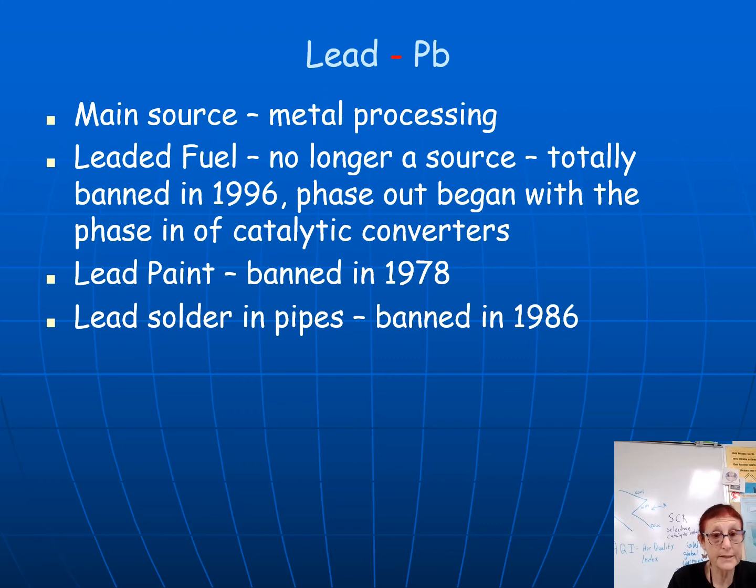Lead paint was banned in 1978. However, if you look at where you find lead paint, it's in older neighborhoods, and a lot of times in areas with socioeconomic depression or poor neighborhoods where there's peeling paint inside houses.